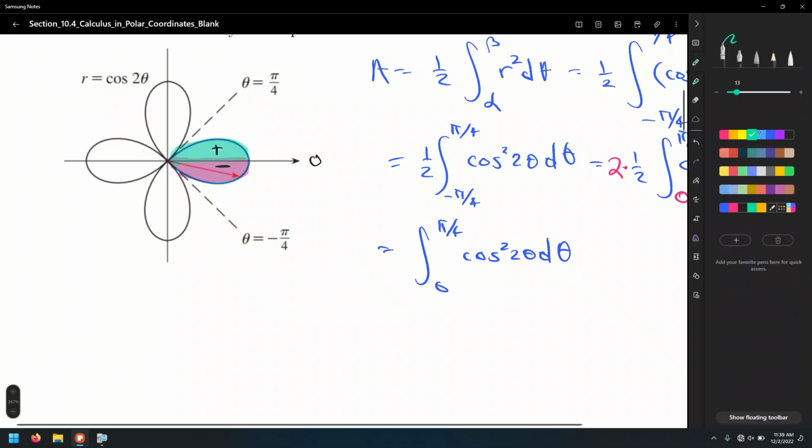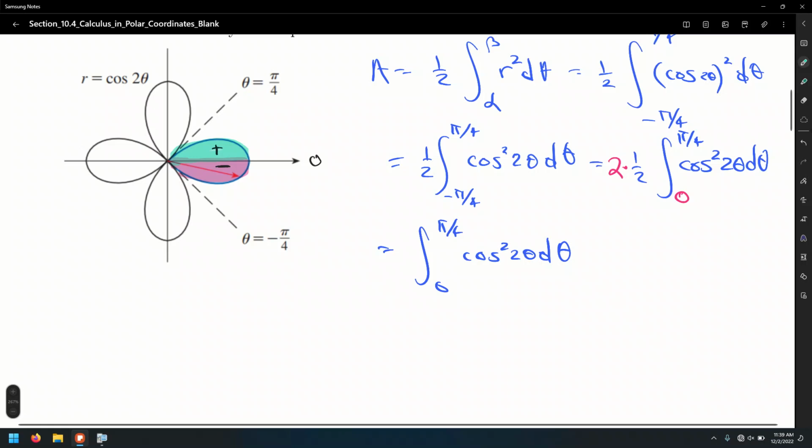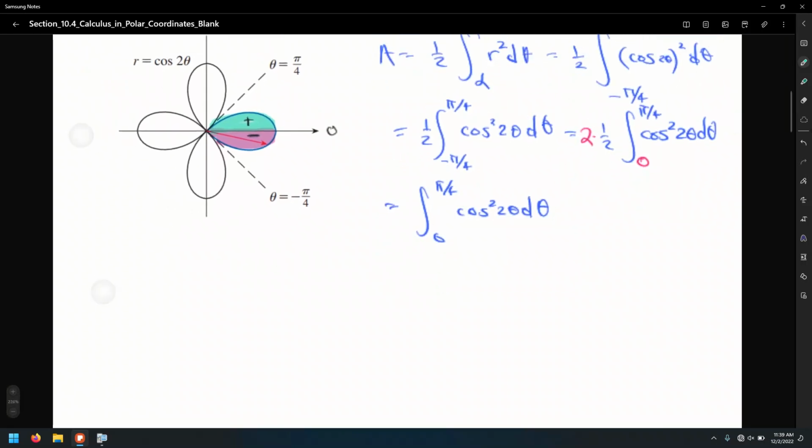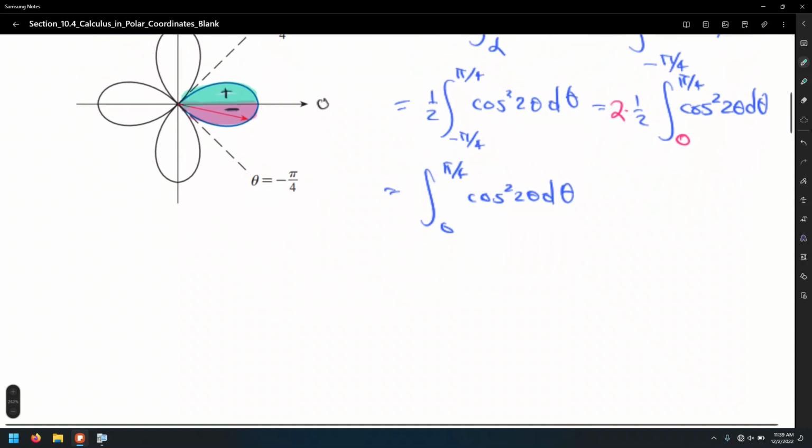There's a couple of identities that, well, I call them power reduction formulas, but the textbook usually refers to them as half angle formulas. So when we have cosine squared theta, and that's sine squared theta. Does anybody remember these formulas?